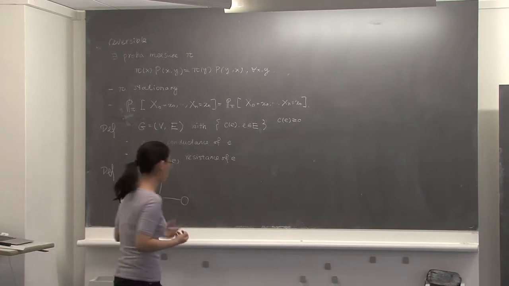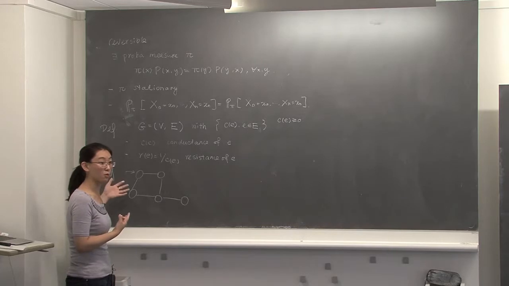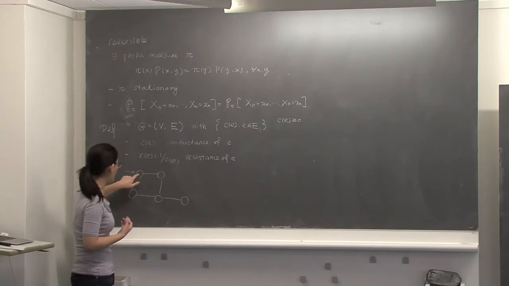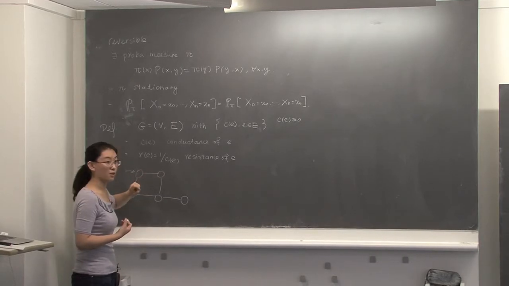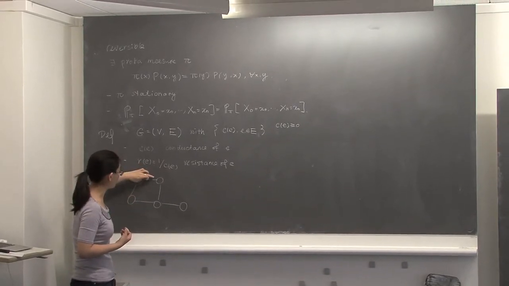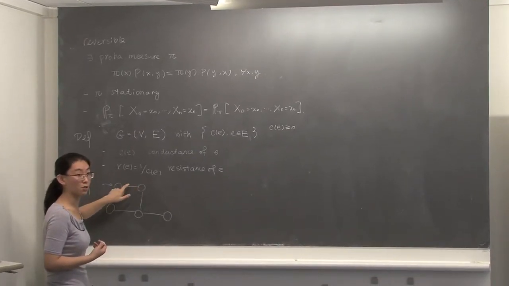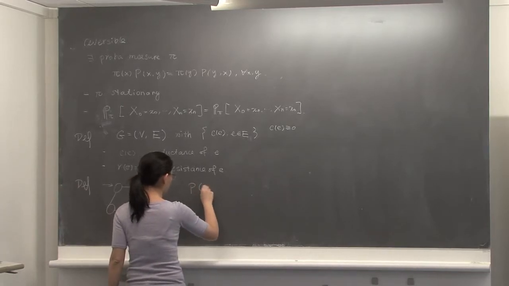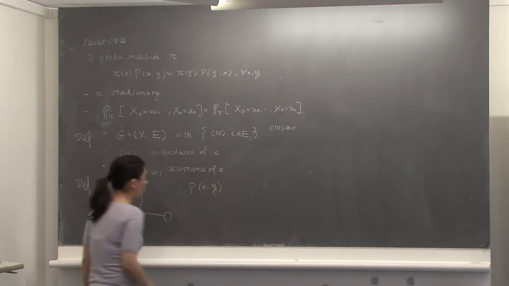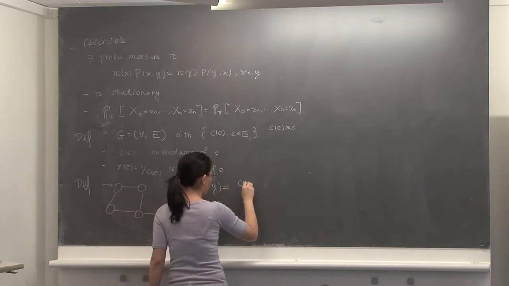And now we have a network. So the random walk on this network is almost the same as a simple random walk on the graph. The only difference is when we jump to a neighbor, the probability that we jump to this neighbor is proportional to the conductance. So for the random walk on the network, the transition matrix P_xy is proportional to the conductance.